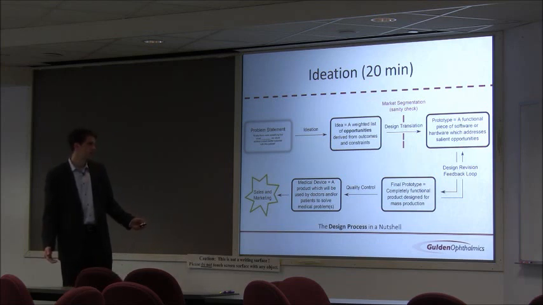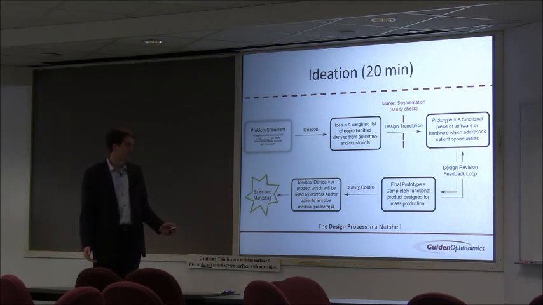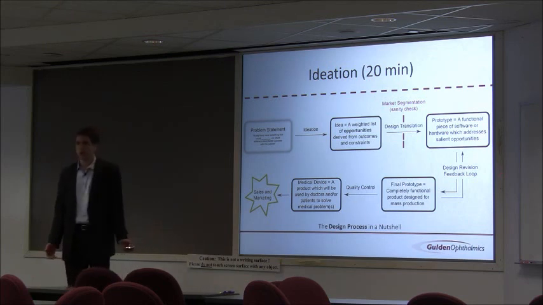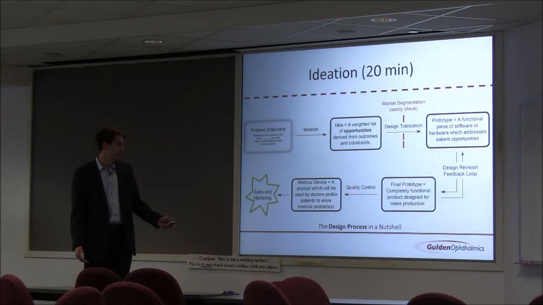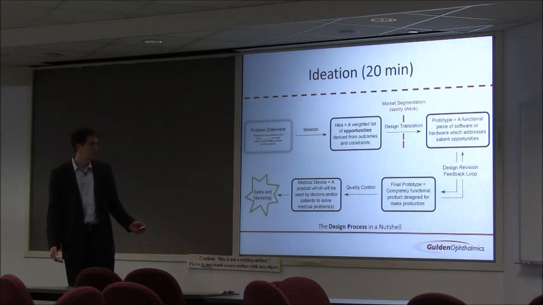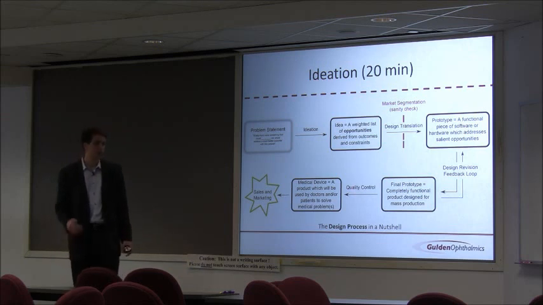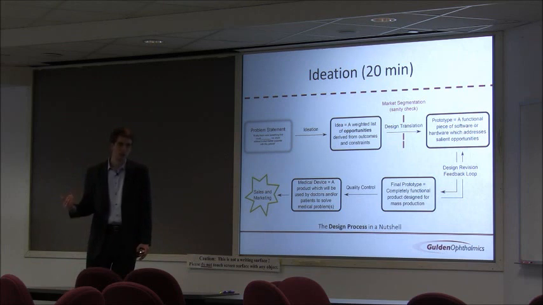After that comes this design revision feedback loop, which it isn't really fair that I didn't give it a box. I don't know why I didn't box it, because it's actually the longest step in this entire process, besides perhaps quality control. The design revision feedback loop is basically making incremental changes to your prototype until it meets all the needs of the customer.